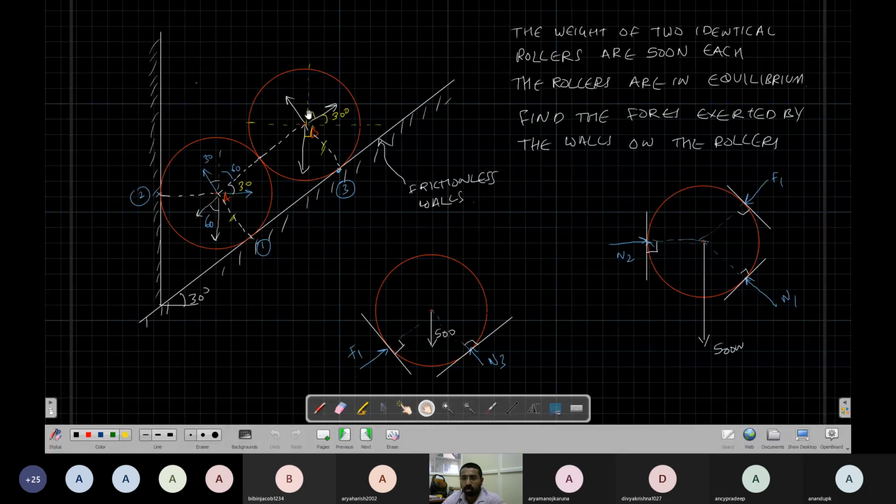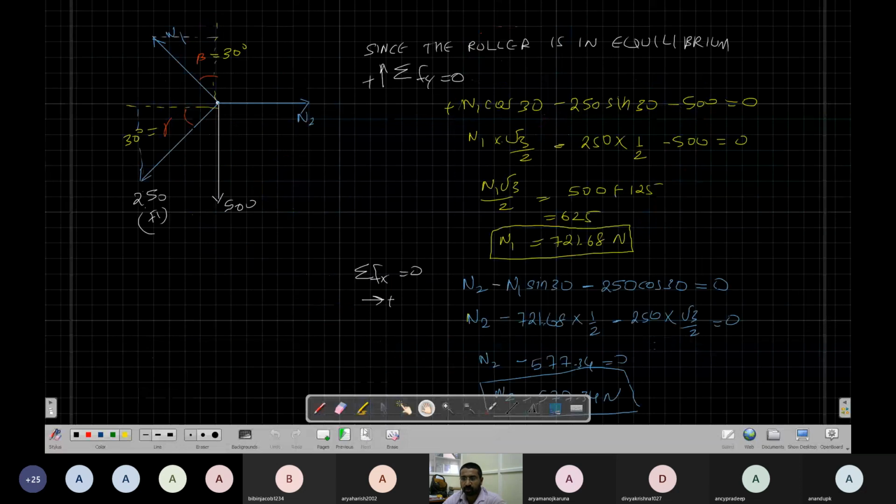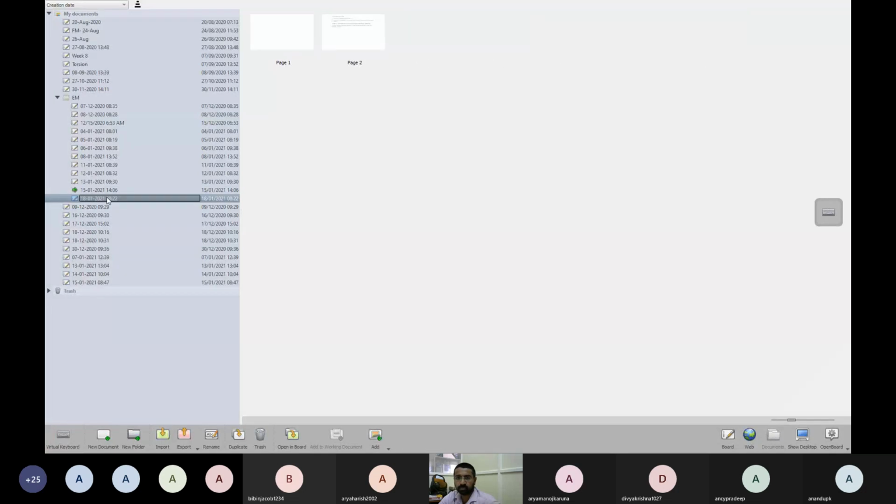Then we started doing a problem from the equilibrium point of view. So I did not give you any assignment, because we will study a little bit of a new topic.